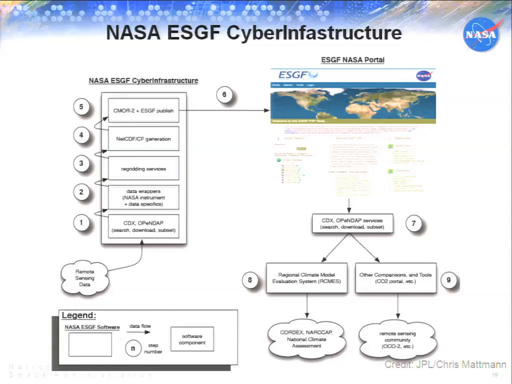On the left-hand side, a lot of that is metadata preparation. We enforce all the model output and all the observation data to use the same metadata convention. So this way, it can be easily searchable.